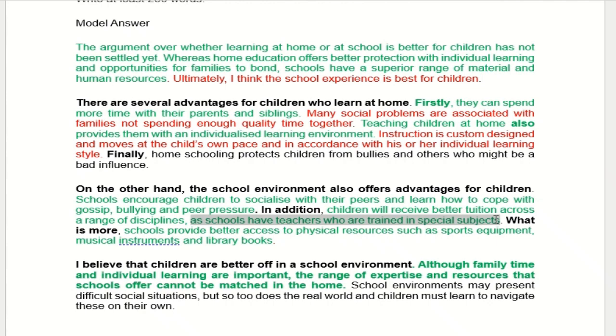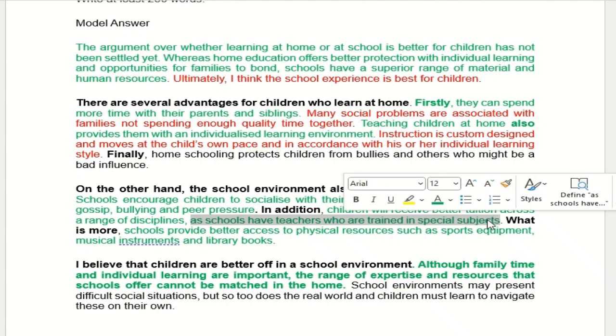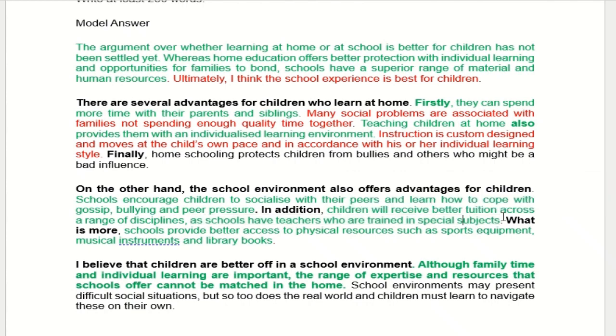This is a piece of evidence that we can examine, to believe this very reason that says children receive better tuition across a range of disciplines. That's because, if we were to reformulate this, schools have teachers who are trained in special subjects. You want to deny that? That's evidence. It backs up the point, and the point is made.